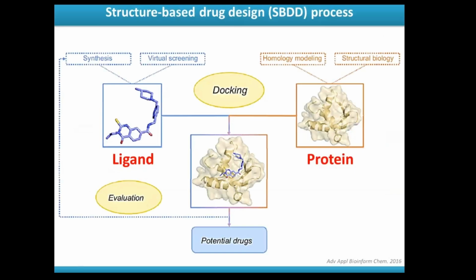So how it is used in so-called structure-based drug design is that you have to have the protein structure, right? Often proteins are the drug targets. That means in a particular disease, it is the protein which is either overexpressed or has been identified as a potential drug target.